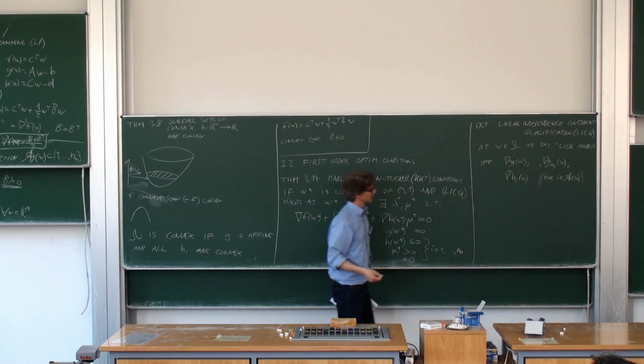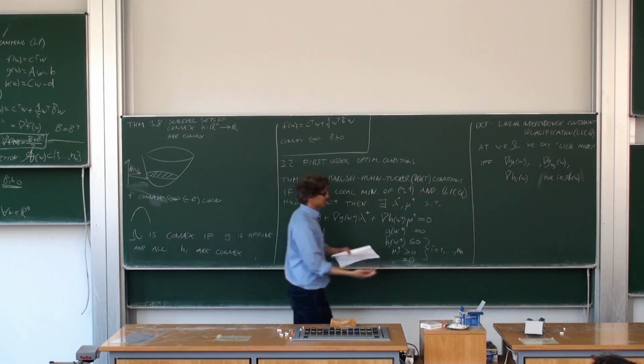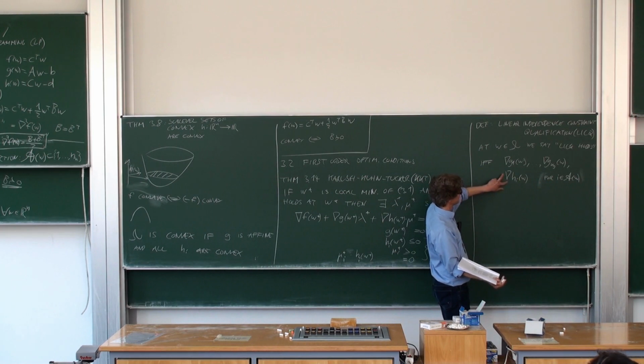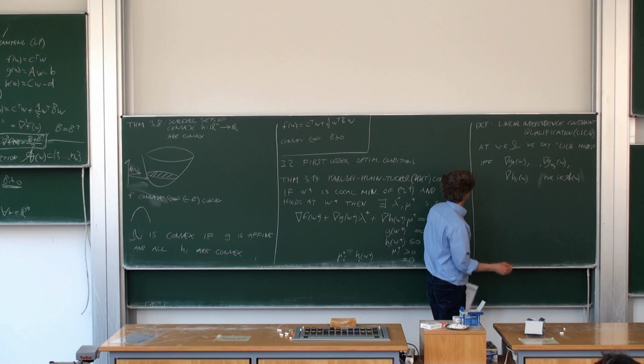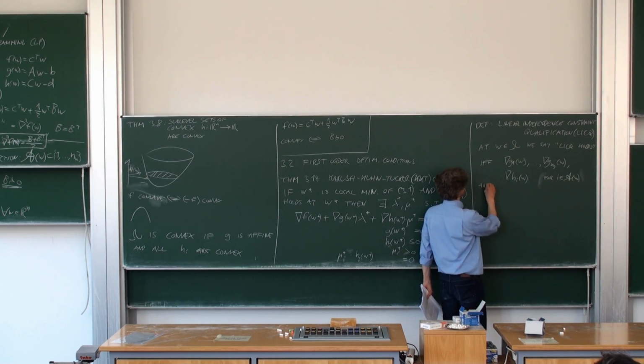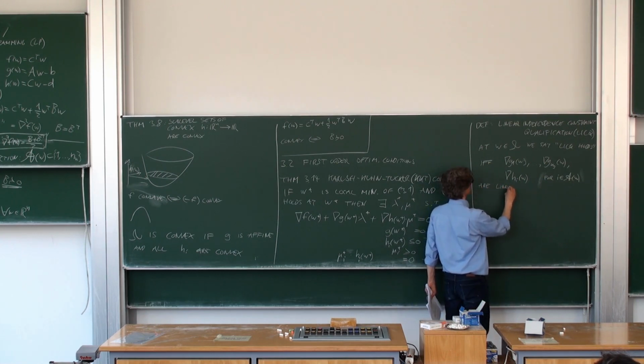So that is quite, I mean, it's a restriction. Only those that are active count, and those that are not active, they don't matter for LICQ. So are linearly independent.